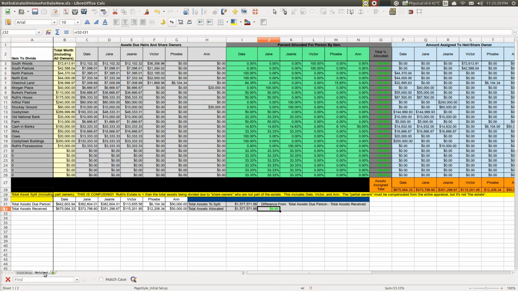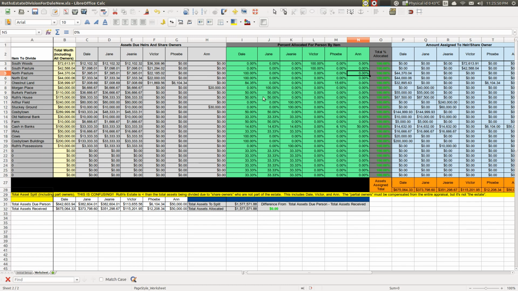So we go back to our worksheet and look at that beautiful green 0. That means everything tallies up here. Everybody's got what they're due. This is what you've received. And you can look over here and look at what you received. And these values are totally based on how you allocate or parse out the shares. And that's how that works.